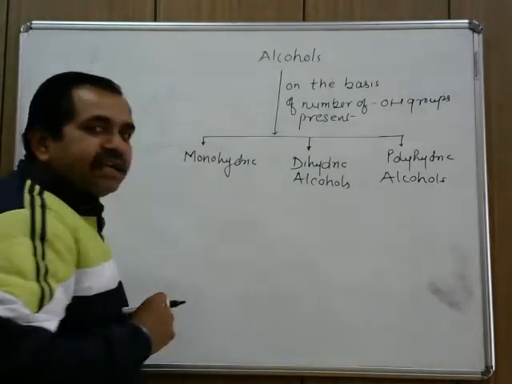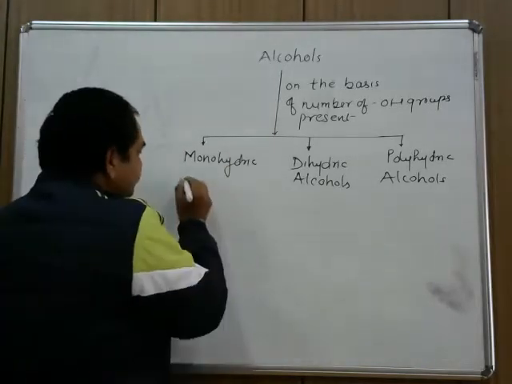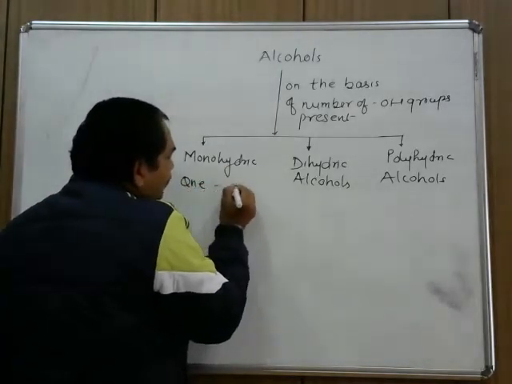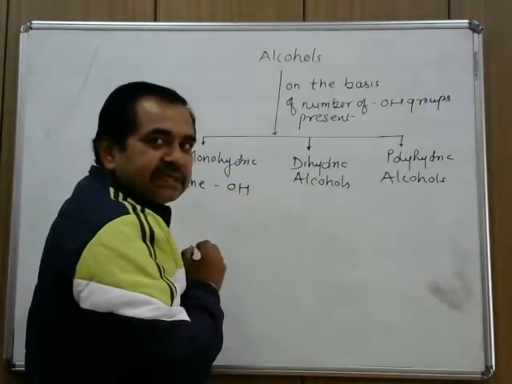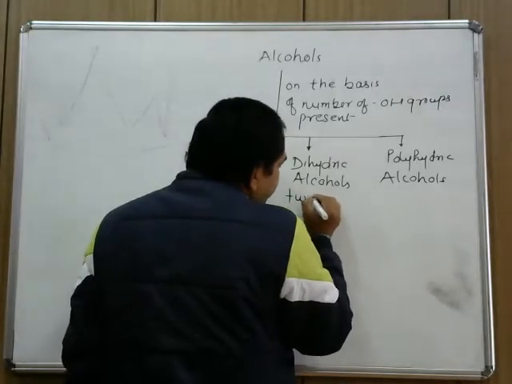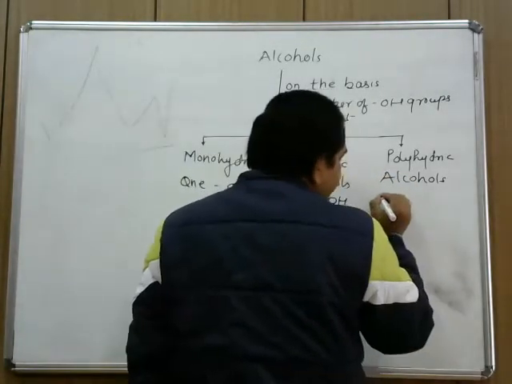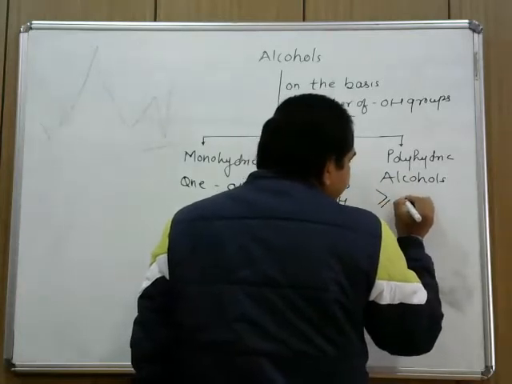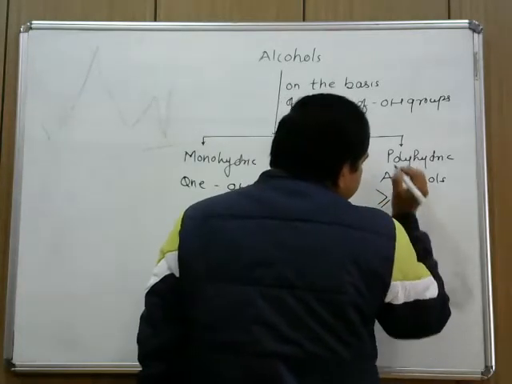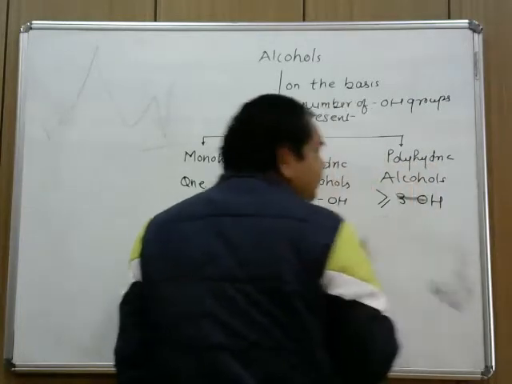Now, as the name indicates here, monohydric has one OH group, dihydric has two OH groups, and polyhydric has three or more OH groups.